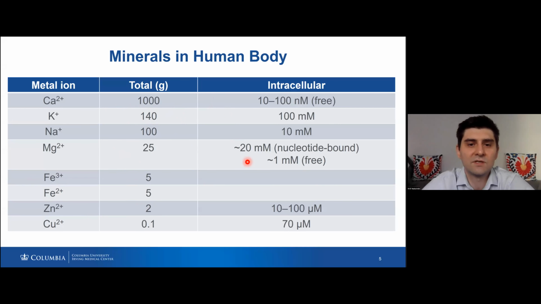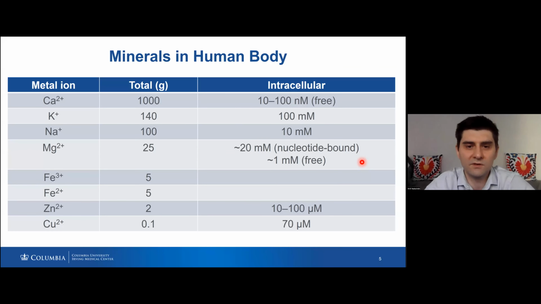And it is interesting that the intracellular levels of these minerals are not the same. You can see, for example, magnesium, there is a lot of magnesium inside the human cell. And magnesium is the most abundant divalent cation inside the cell.